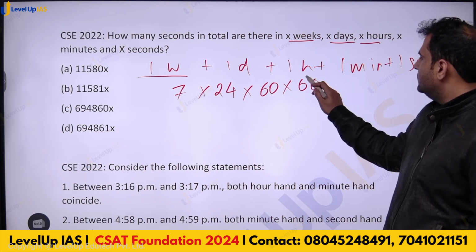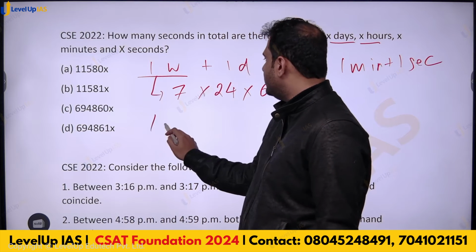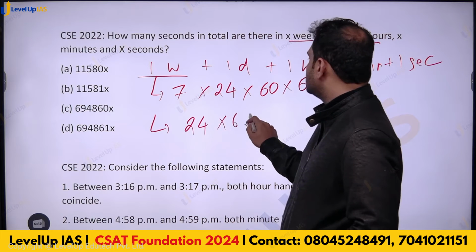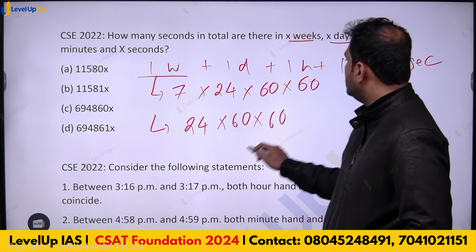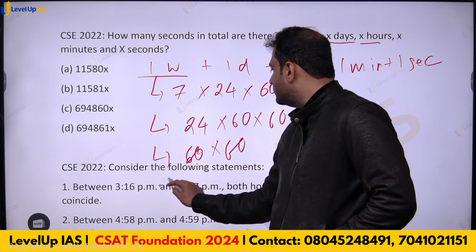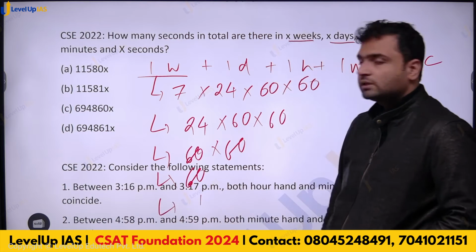These many seconds in 1 week. For 1 day, we have 24 hours, each hour has 60 minutes, 60 seconds. 1 hour has 60 minutes, 60 seconds, 1 minute has 60 seconds, and 1 second has 1.